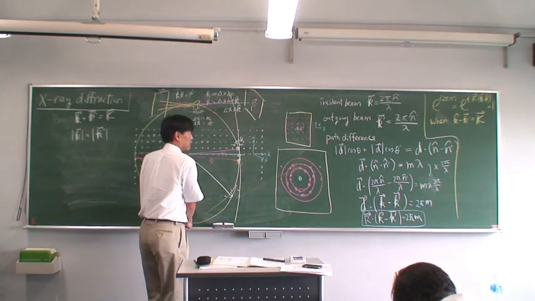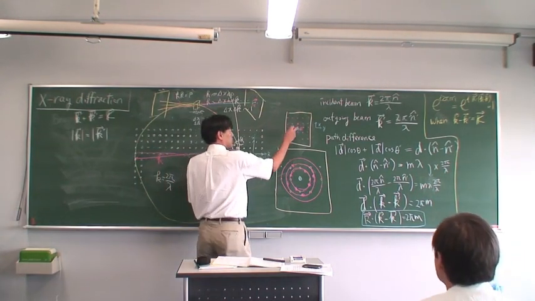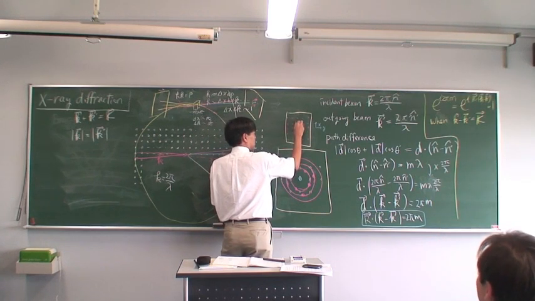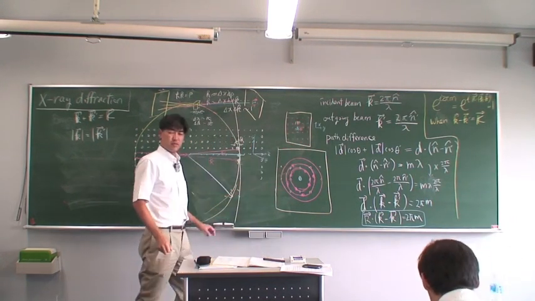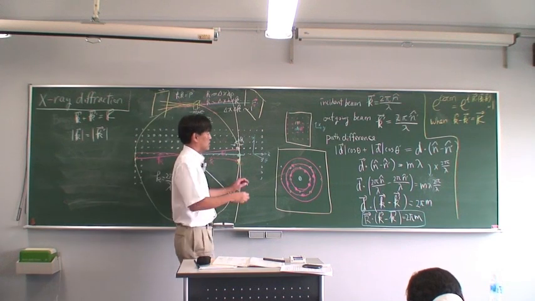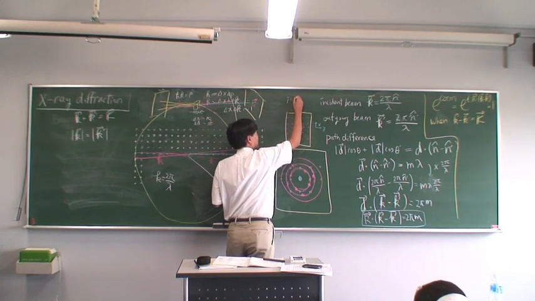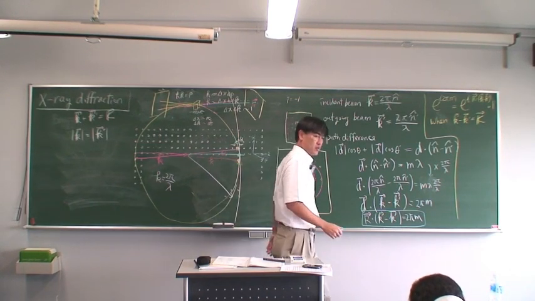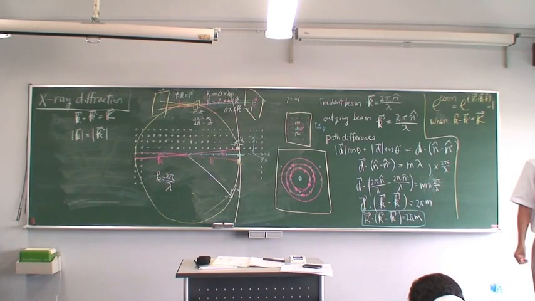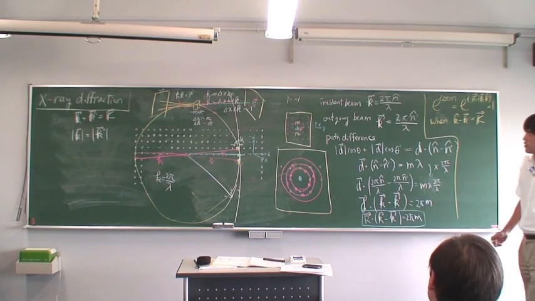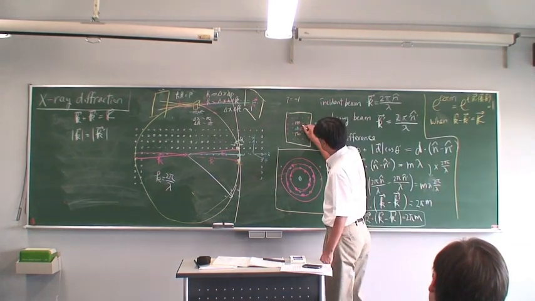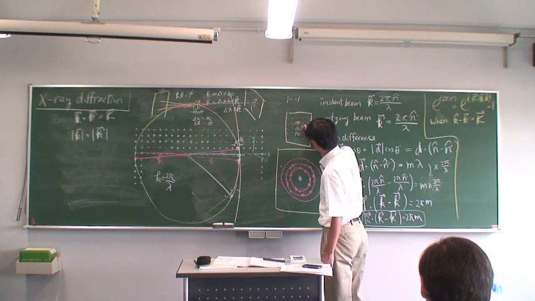And this point is 1, 0, 0, right? The bottom point is 1 bar, 0, 0. 1 bar is minus 1. This is 0, 1, 0.